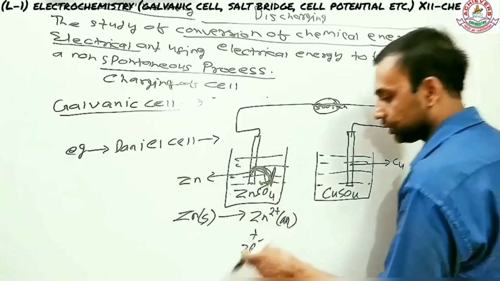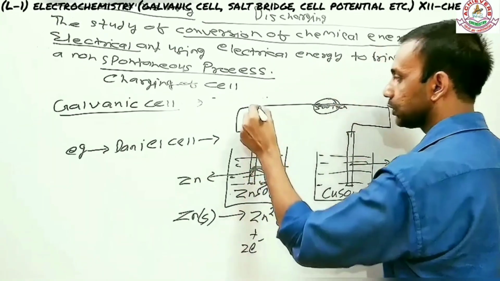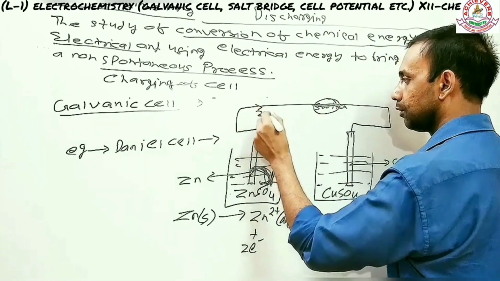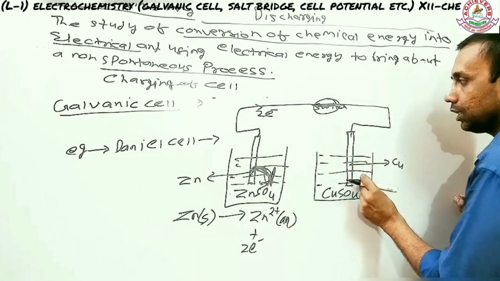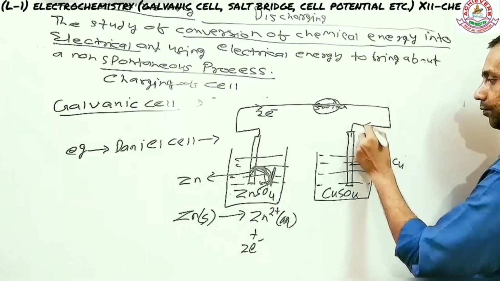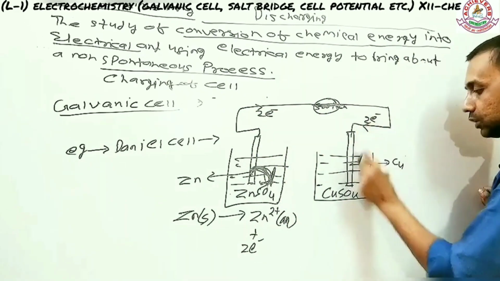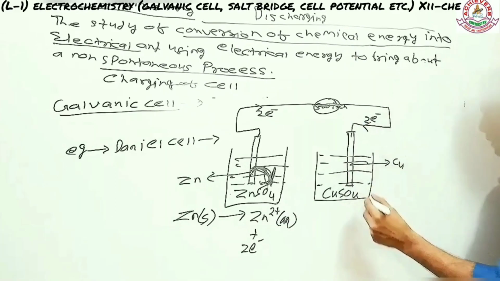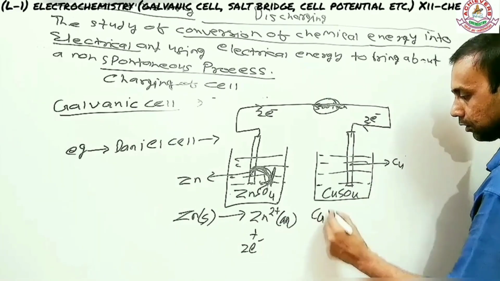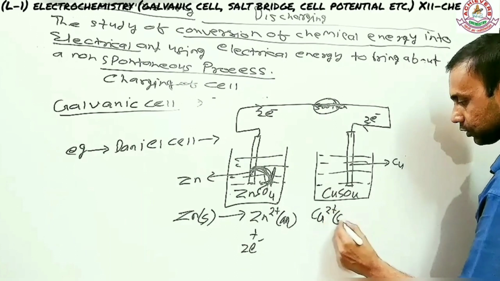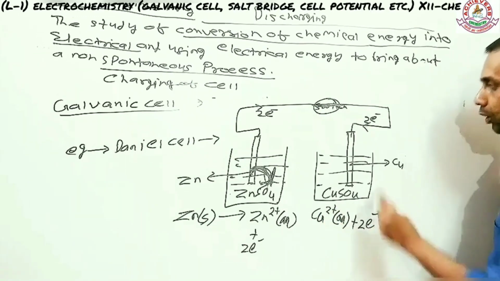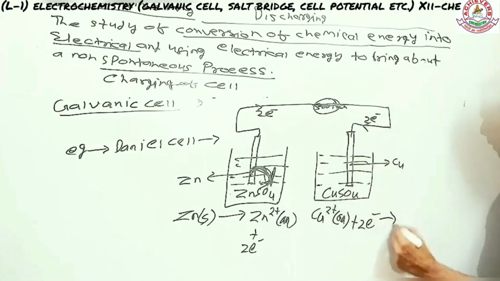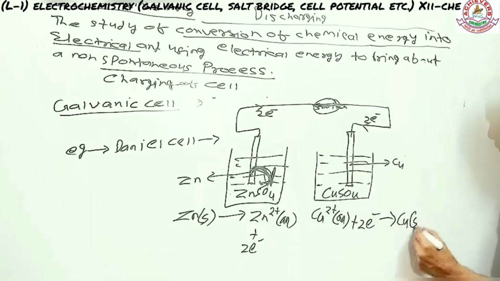Zinc has lost two electrons. These two electrons travel across the wire and come into the copper sulfate solution. And there, the cupric ion present in the solution undergoes reduction by gaining those two electrons, and copper converts into solid form.